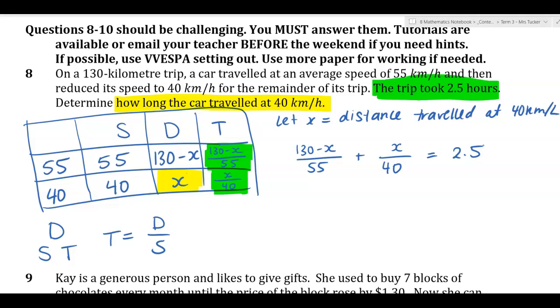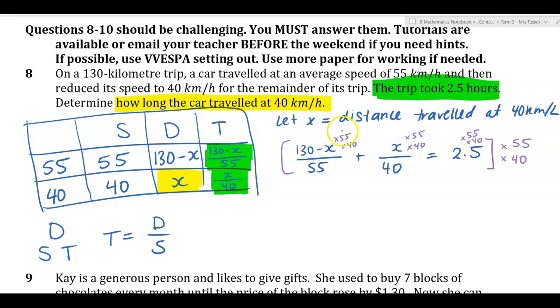How do I solve that equation? Yeah, common denominator, or let's clear out the fractions. What do I multiply by? 55 and 40. Okay, so when I multiply this one by 55 and that by 40, I'm going to multiply everything by both.